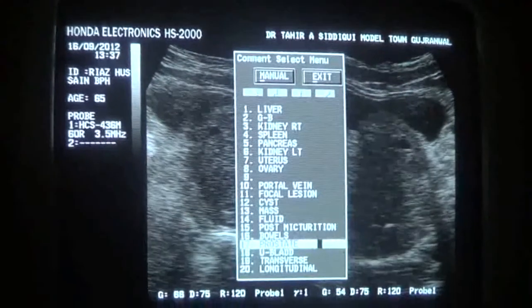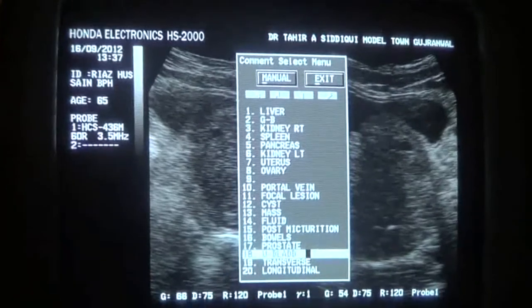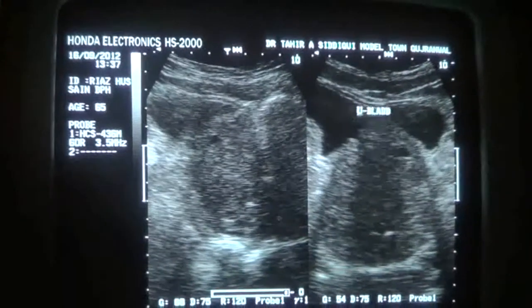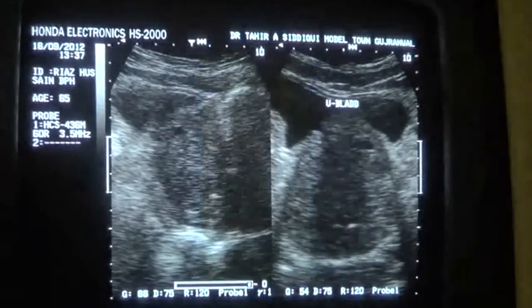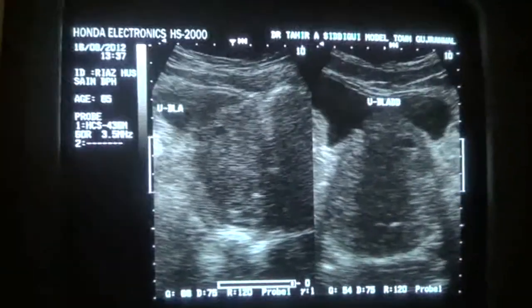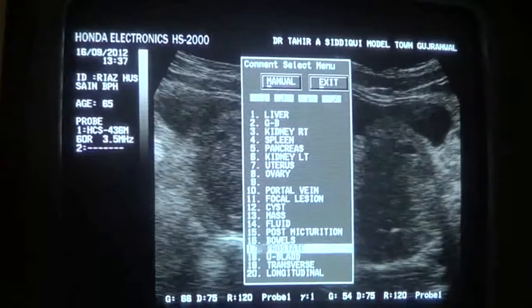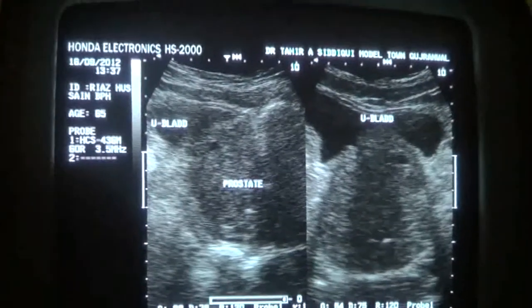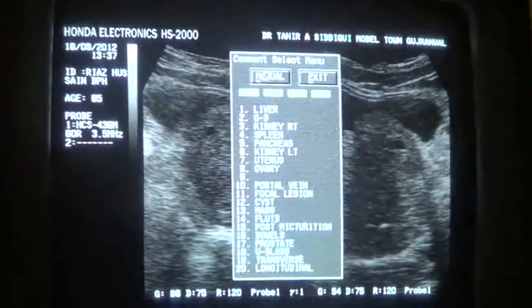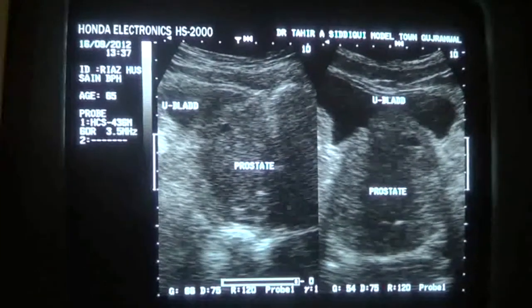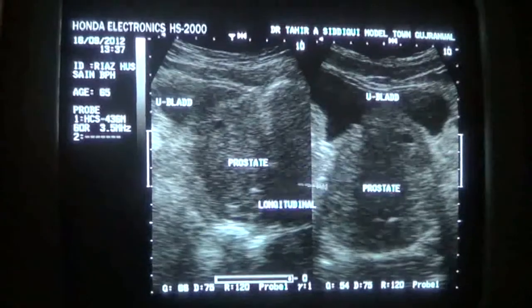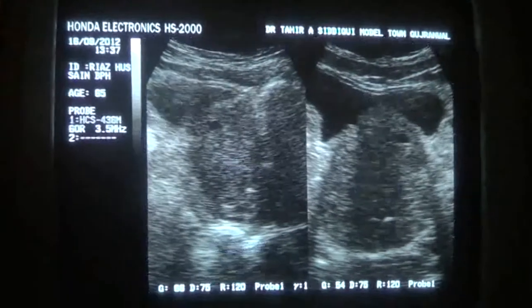Now, if we measure the prostate, this is the urinary bladder, this black area. This is the prostate in longitudinal section. This is the prostate in transverse section. This is the longitudinal section.